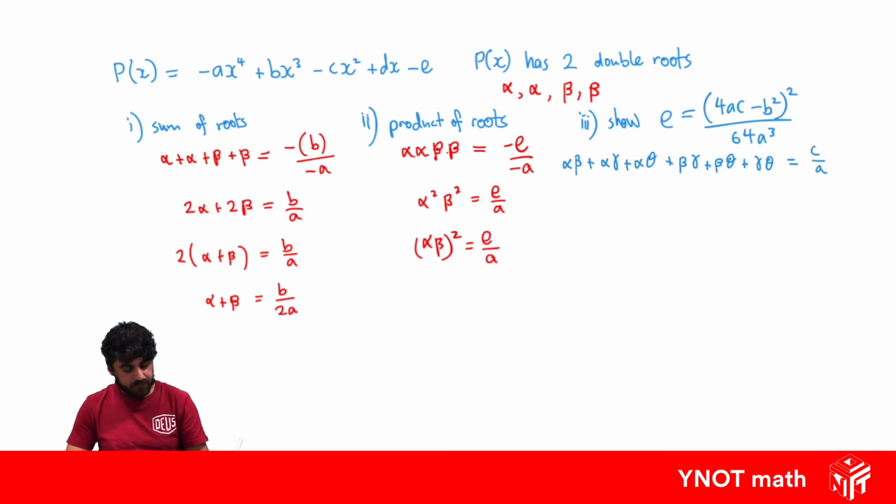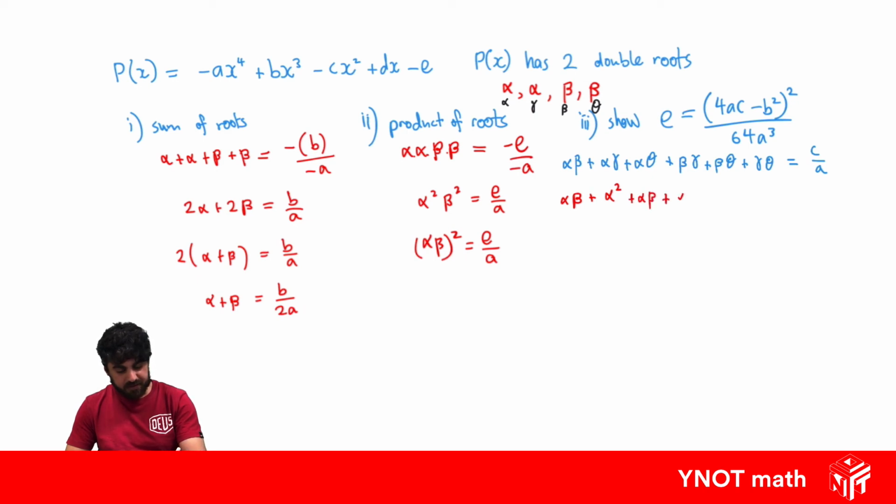Now, what we can do is, wherever we see alpha can be alpha and beta can be beta, but another alpha could be gamma and the other beta could be theta. And that's going to help us simplify the expression. So alpha beta can stay as alpha beta. Now wherever we're seeing gamma, we're putting alpha, so it's just going to be alpha squared. Theta is beta, so we're going alpha beta.